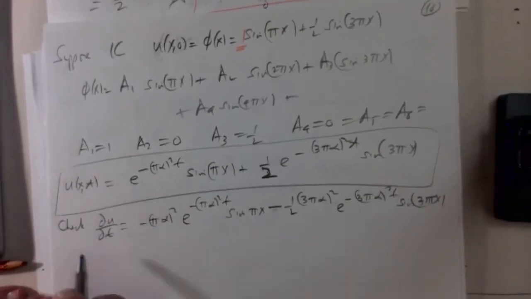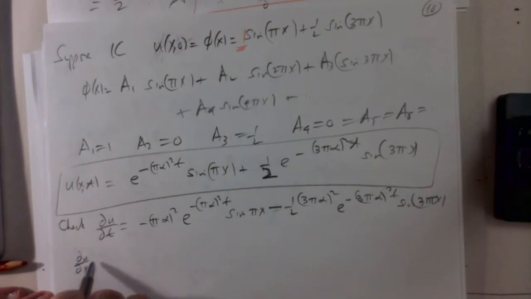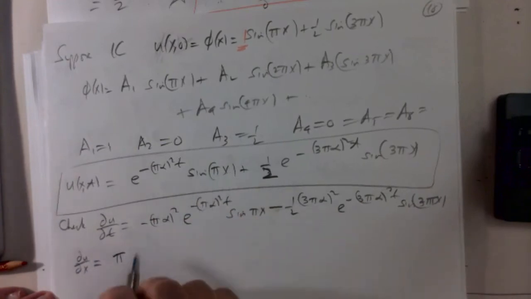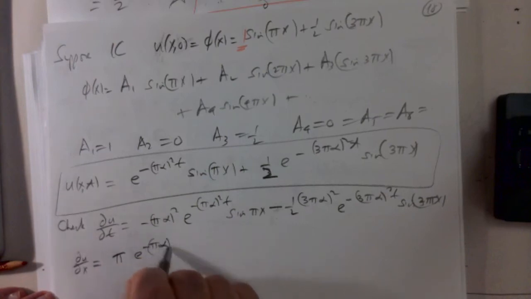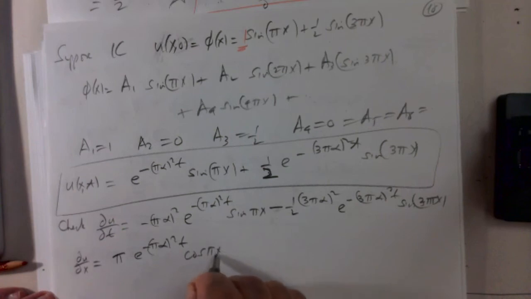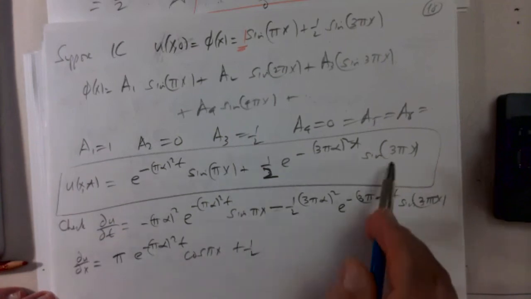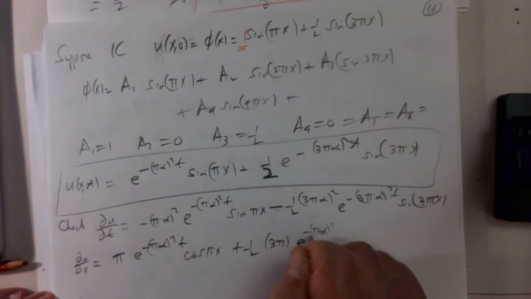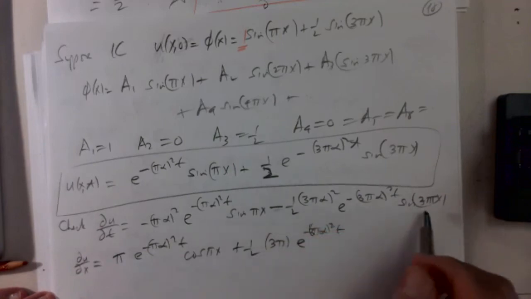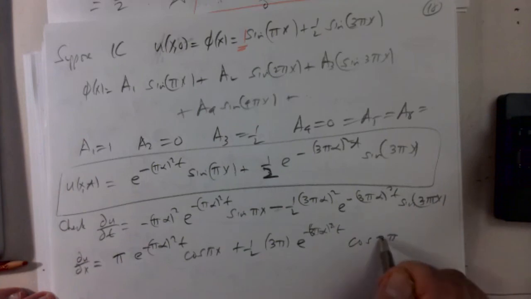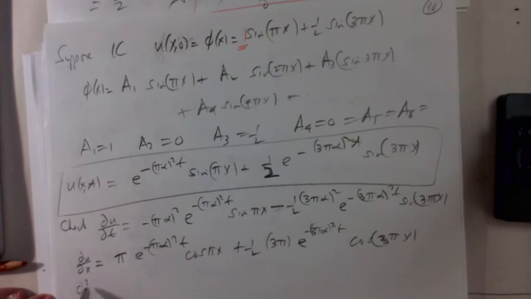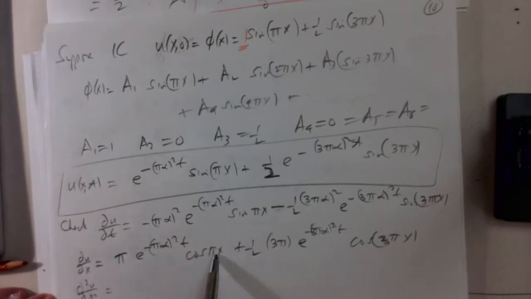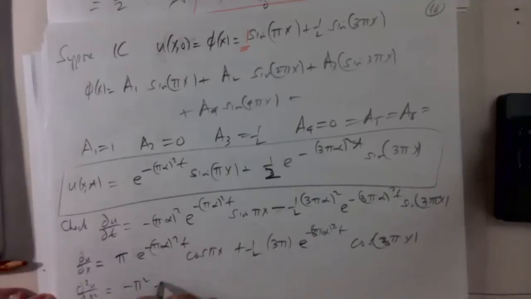What do I get if I differentiate with respect to x? Partial of u with respect to x is pi e to the minus pi alpha squared t cosine pi x, plus 1/2 times 3 pi e to the minus 3 pi alpha squared t cosine of 3 pi x. And when I take the second derivative, I get a minus pi squared e to the minus pi alpha squared t sine pi x.